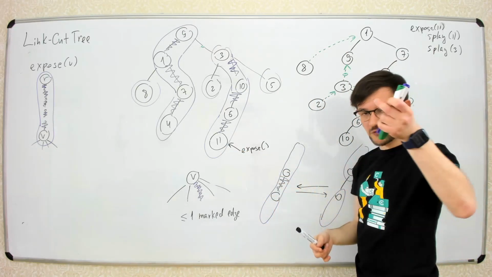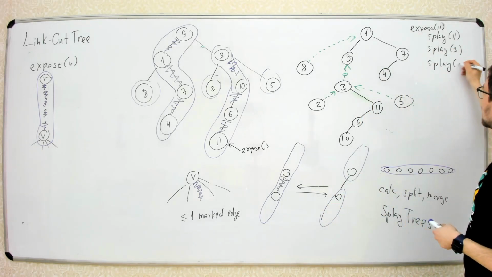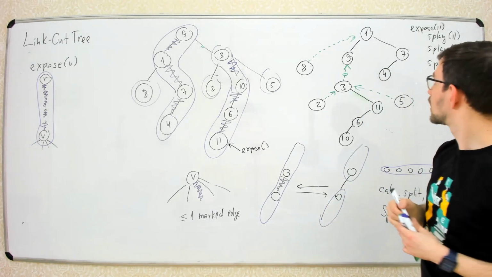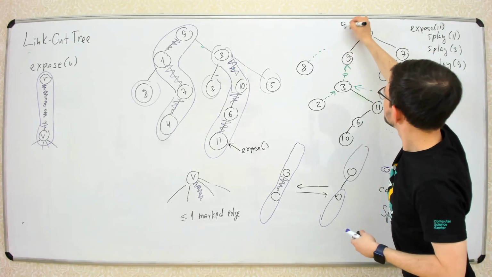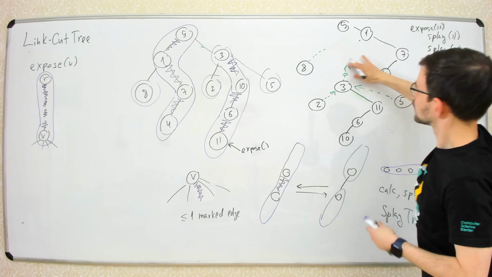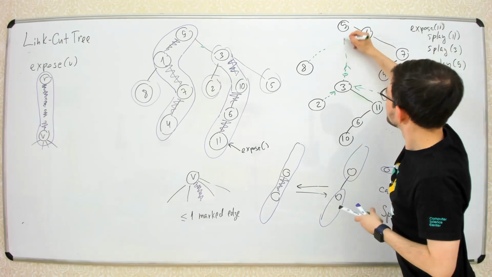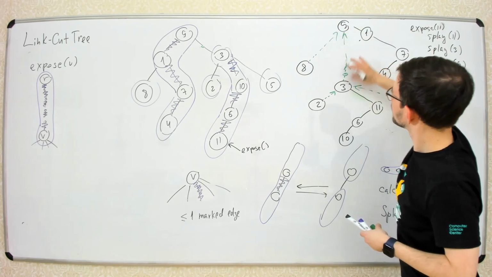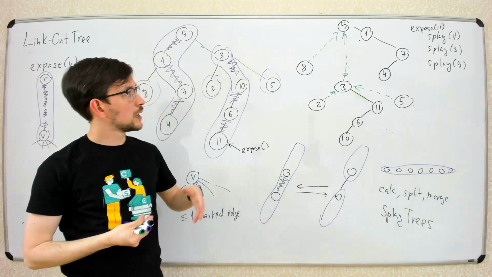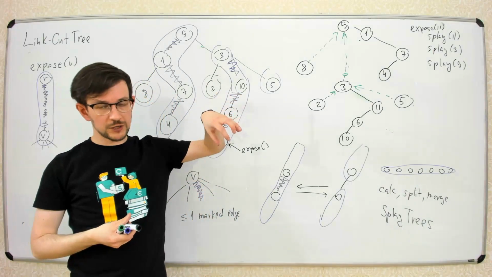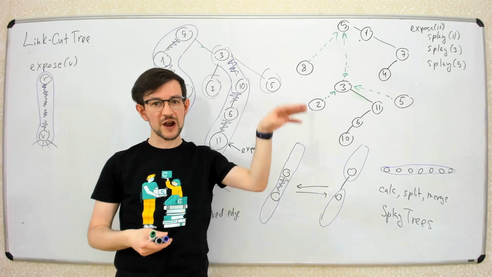You call a splay operation of this 9, and you will have something like that. Now 9 is the root of the tree, so everything after 9 is the right branch of this 9.